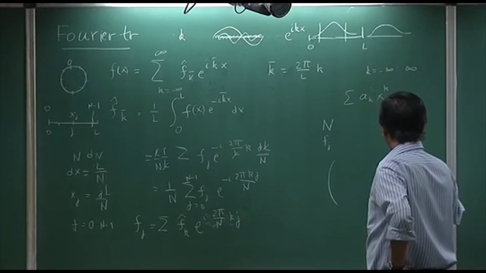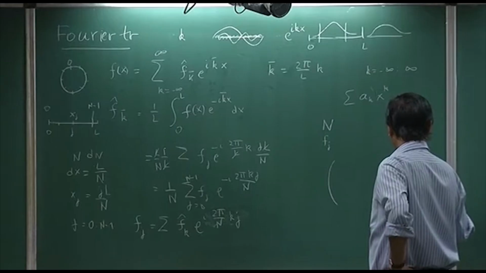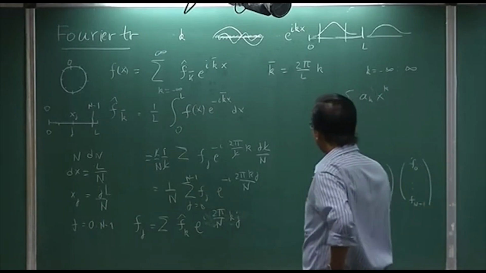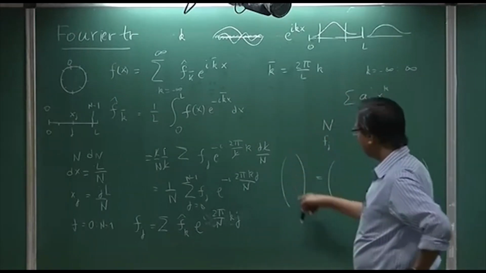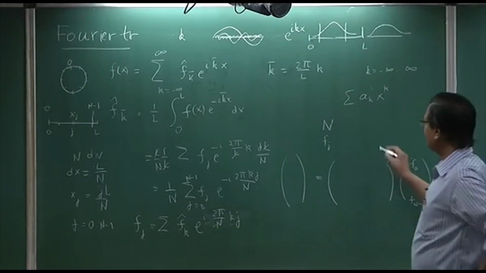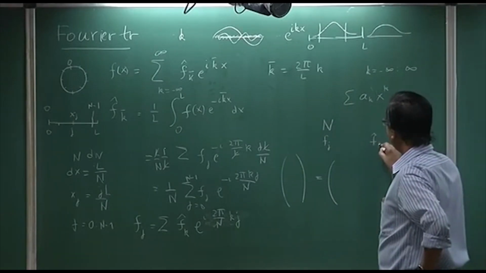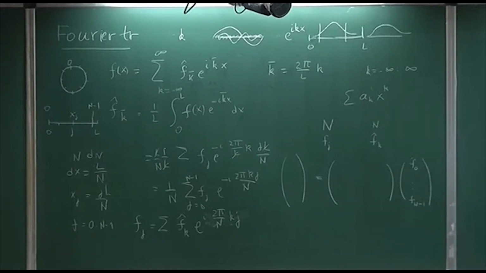This is f, let us make f0 to f n minus 1. So, if you want a one to one mapping of this to this, it also must be n variables. So, my f hat k should also be n of them. The discrete Fourier transform will limit you to only n k's, not infinite k's.